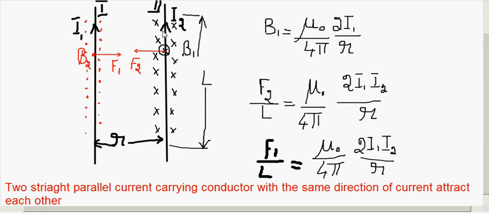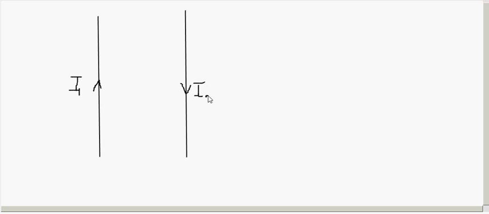If the currents are in opposite directions, then how would be the force? Now take the case where you have two conductors carrying currents in opposite directions. Let me say this is I1 and this is I2, and the separation between them is r.